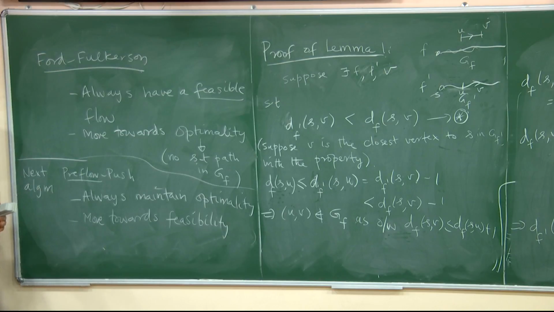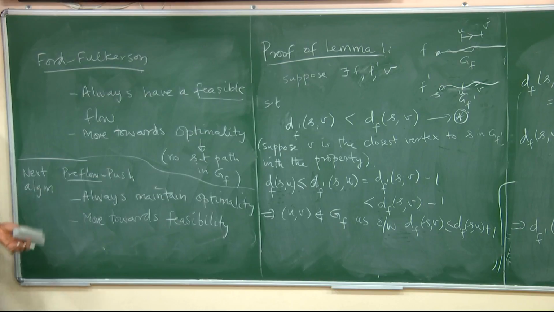So how does the algorithm proceed and how do I maintain optimality? I start from S and saturate every edge going out of S. That means push as much flow as possible out of every edge going out of S. This is the maximum you can do. Now, if you take the residual network, you will have no edge out of S, because every edge out of S is saturated.